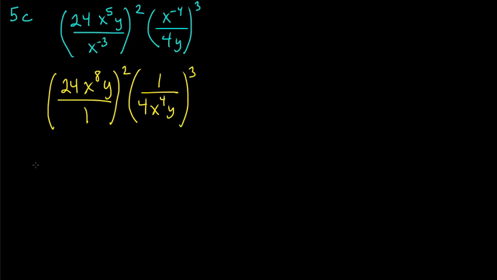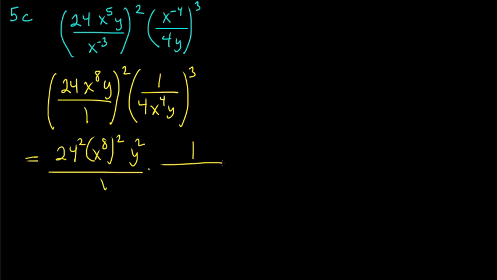Okay, so if we just distribute the exponent here, we get 24 squared, x to the 8 squared, times y squared, over 1, right, times 1 over, well, it's 1 cubed, and this is 1 squared, but that's still just 1. And in the denominator, we get 4 cubed times x to the 4th cubed times y cubed, right?